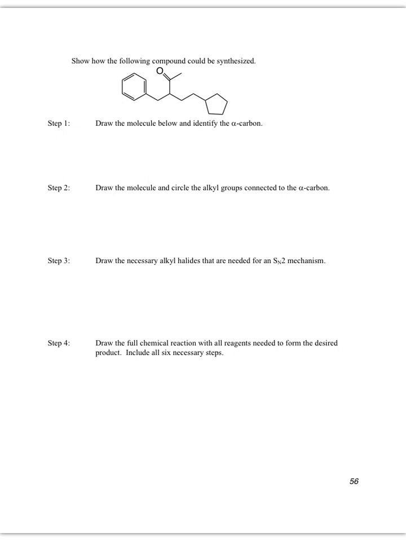So what has to happen here, we're going to draw the molecule showing the alpha carbon. So here the alpha carbon is the purple dot. Draw the molecule where we circle the groups that have to be added on to the alpha carbon.